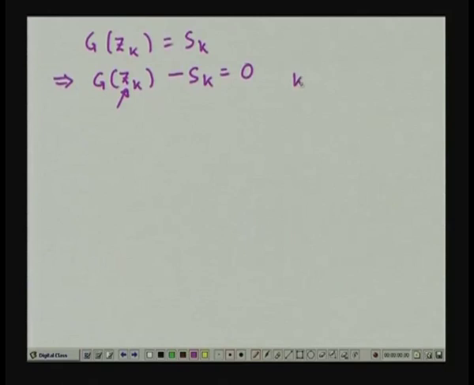So, our approach will be to iterate on the values of z_k to get a solution, and this has to be done for k equal to 0, 1 up to L minus 1. So, what should we do?